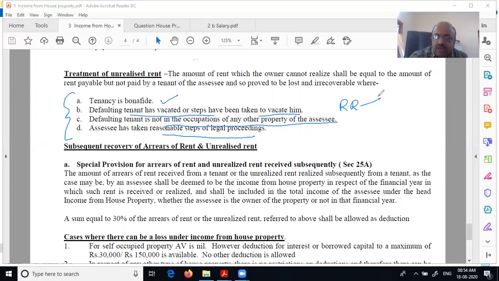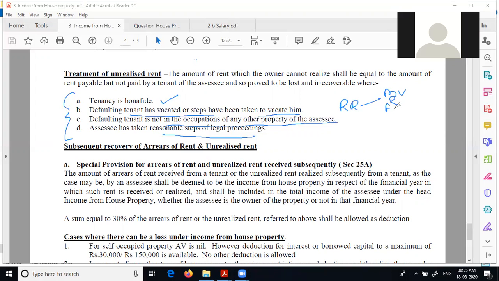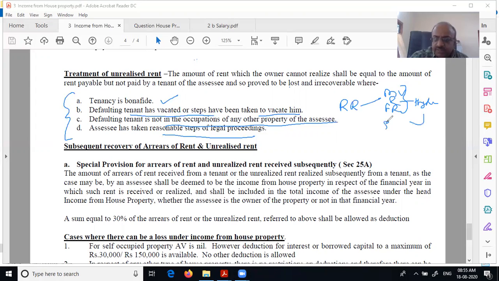Before getting reasonable rent, you compare municipal value and fair value, take whichever is higher, and then with this you compare standard rent. You will get reasonable rent. Then you calculate actual rent receivable.